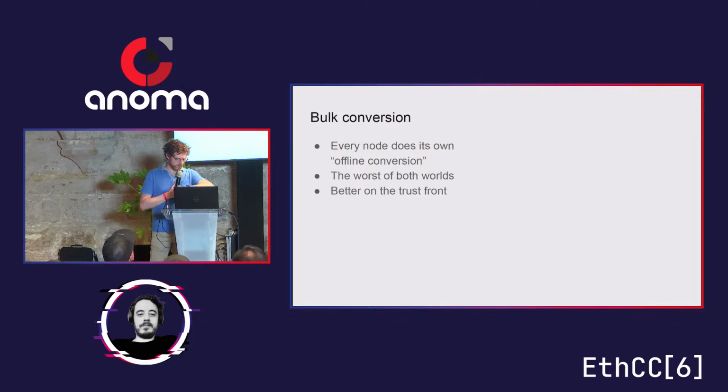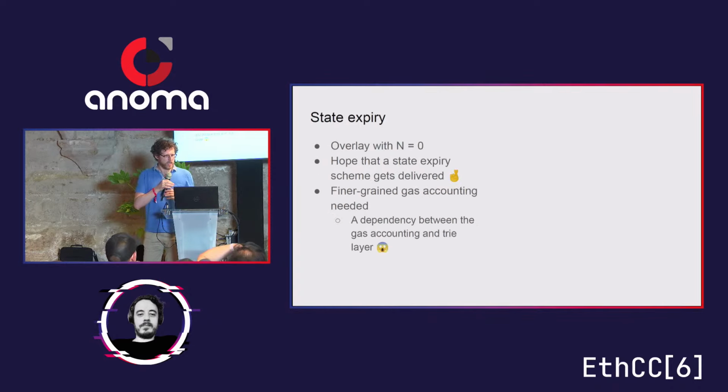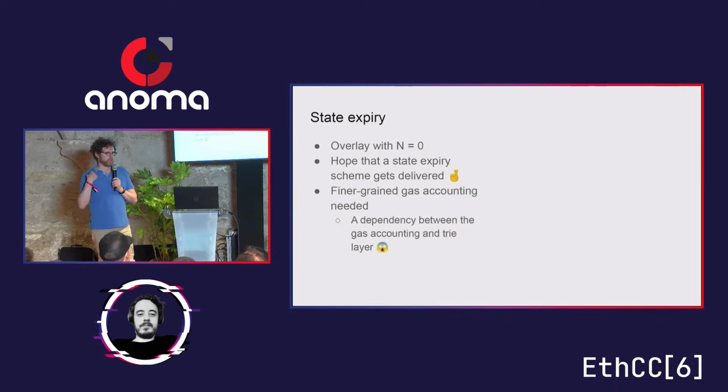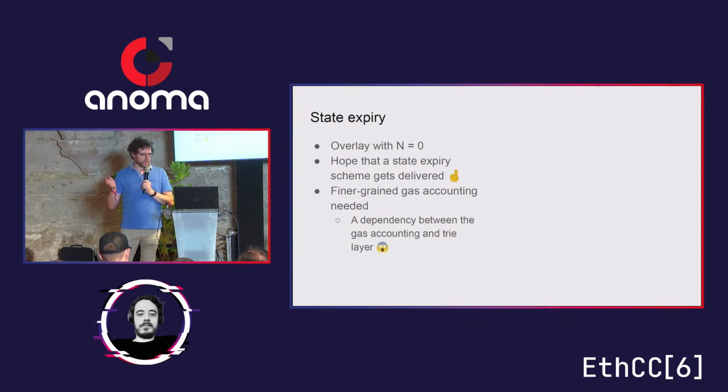Given how much time I have, I'm going to skip on this one, but basically it's the same thing, except everybody does their own offline translation, so it's the worst of both worlds. And I'll finish with the state expiry. The state expiry is exactly like the overlay tree, but you don't translate any leaves during the block.